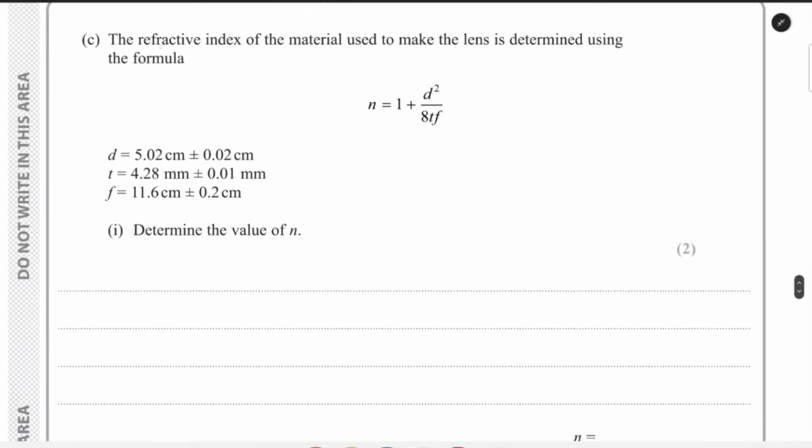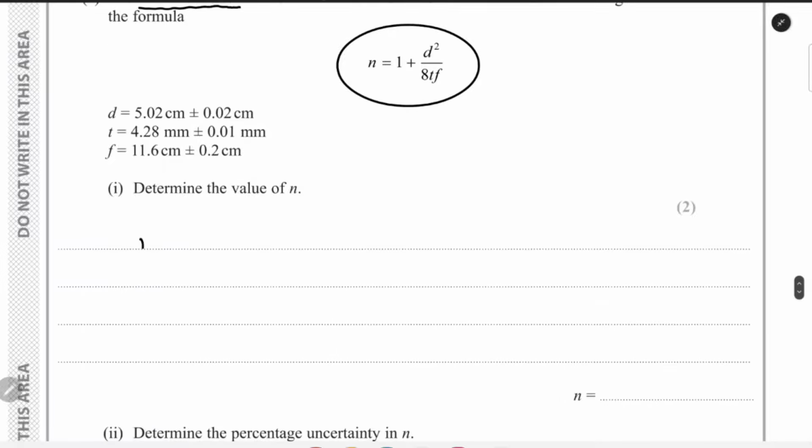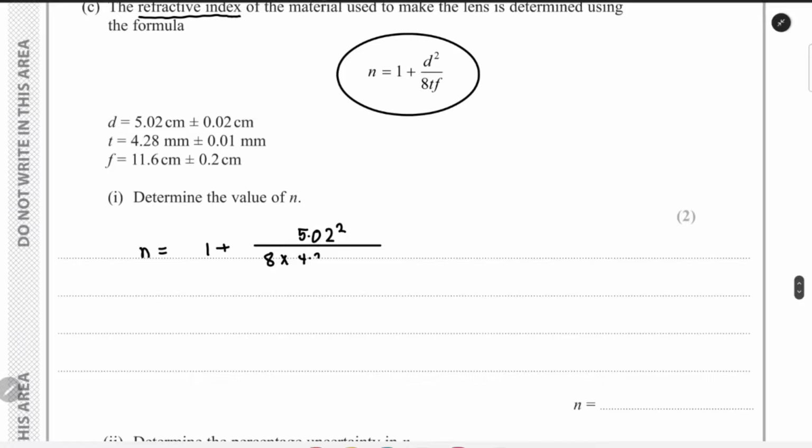Now in part C, we are given the formula for refractive index is n equals 1 plus d squared by 8tf. We have to find the value of n in the first part. So 1 plus 5.02 squared over 8 times 4.28, which we have to convert into centimeters, so 4.28 times 10 to the power minus 1, times 11.6.